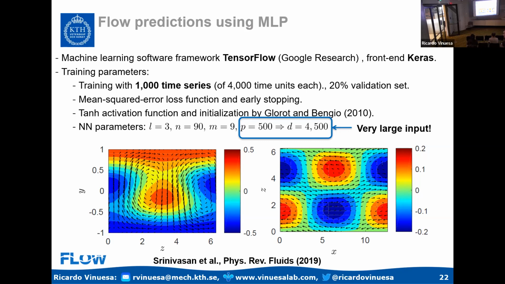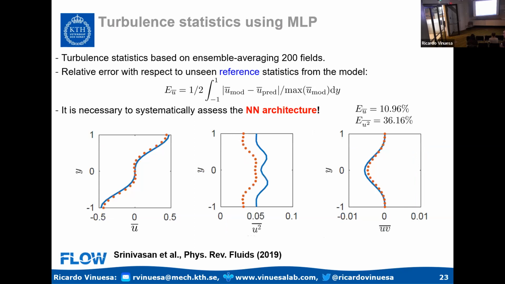The flow field looks reasonably okay, but it's not perfect in terms of the spanwise movement of the streaks. Looking at the performance, this is the mean flow, this is the streamwise velocity fluctuations, this is the Reynolds shear stress. I have 10% error in the mean, 36% error in the streamwise velocity fluctuations. So clearly there is room for improvement, because my network doesn't understand those temporal dependencies.